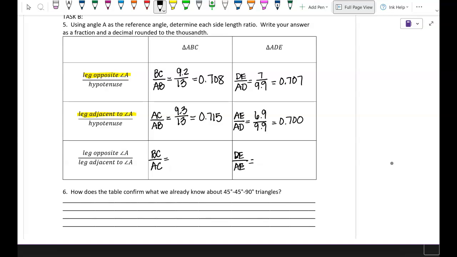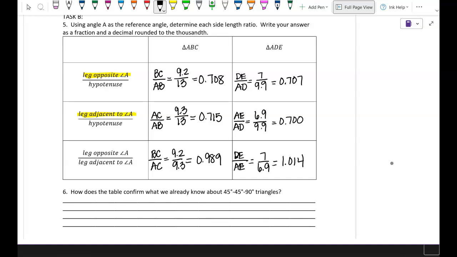And then if we take BC, 9.2 divided by 9.3, we get 0.989. And if I take my 7 divided by my 6.9, I get 1.014.